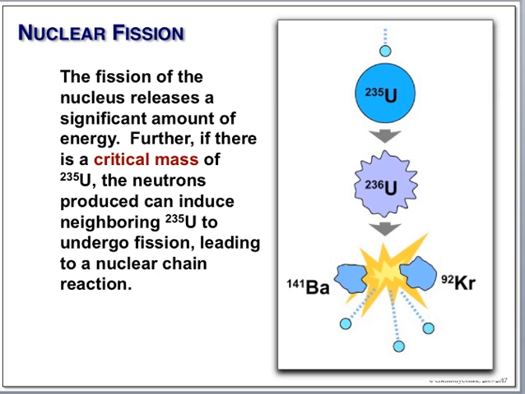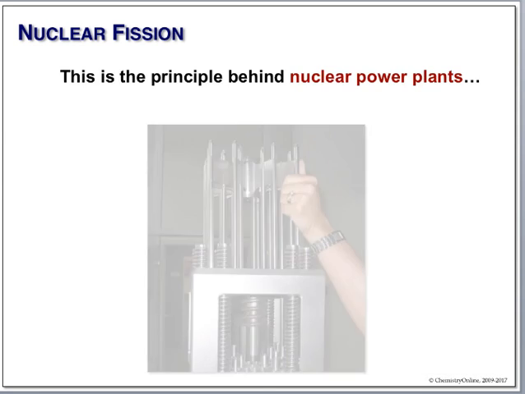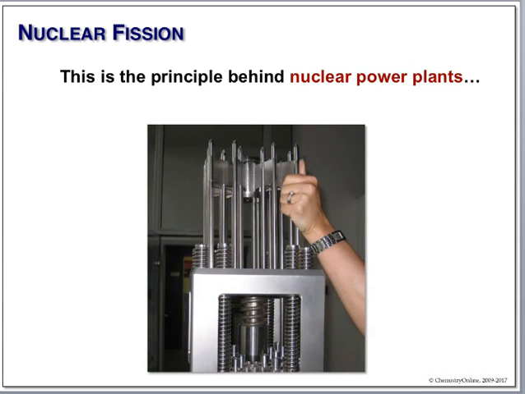The trick to doing this and controlling it is to make sure you can absorb these neutrons so that they don't just keep going and hitting more uraniums. To do that, you use control rods. These little control rods go down, they absorb the excess neutrons, put them down, you can shut it off, pull it out, it goes.